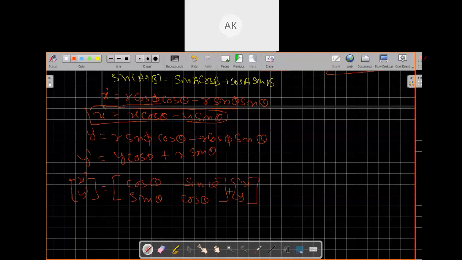When you draw these points and connect them, you get this triangle. It means we have rotated our object by 90 degrees in the anti-clockwise direction. After rotating your object, you get this object.